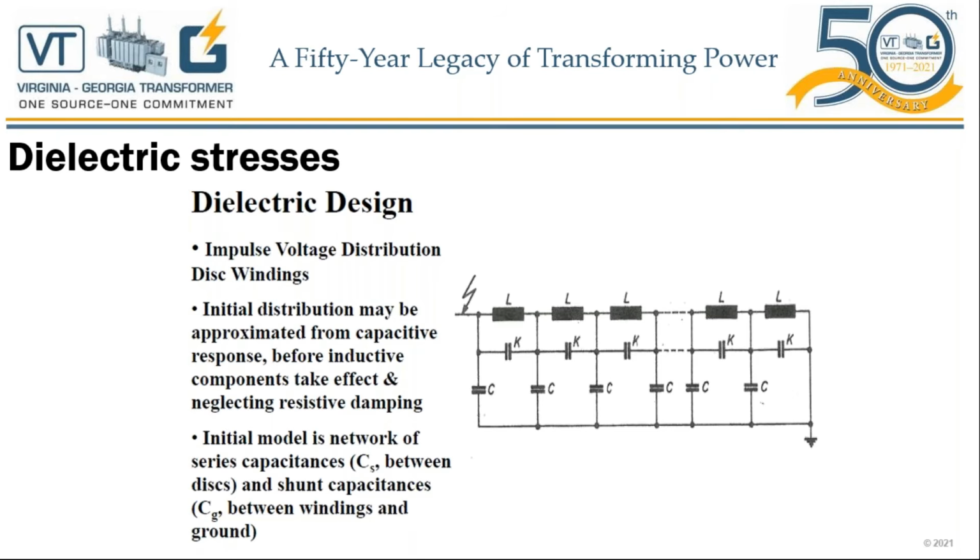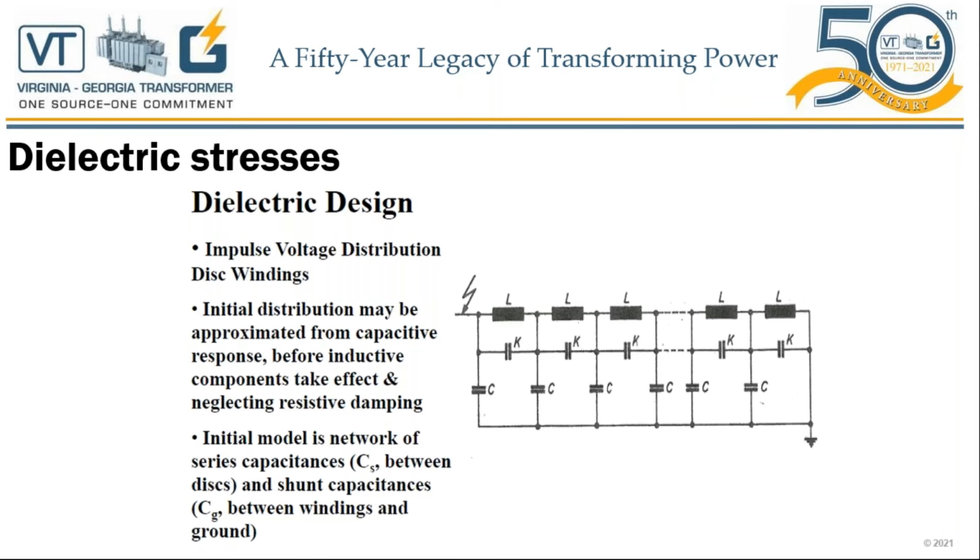So for dielectric design against these transient voltages or overvoltage stresses, we have to understand the impulse voltage distribution, for example, in this winding. The schematic here shows the capacitances, resistances, and inductances of a transformer.